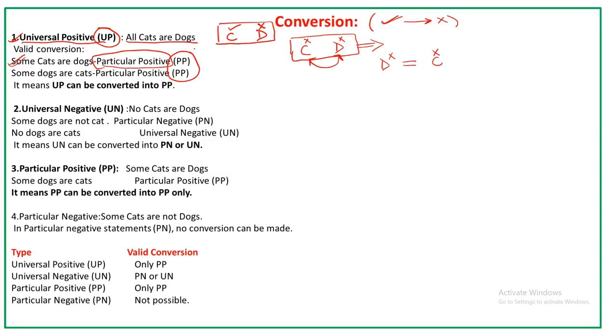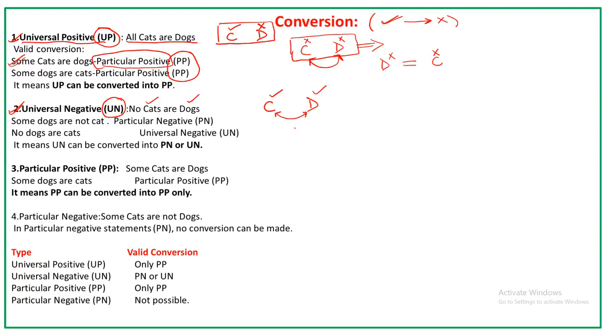Remember this. Now let's look into another sort of statement, which is the universal negative statement. Universal negative statement: no cats are dogs. For such a statement we put a tick on both the attributes. So no cats are dogs. So first of all we can change the order.